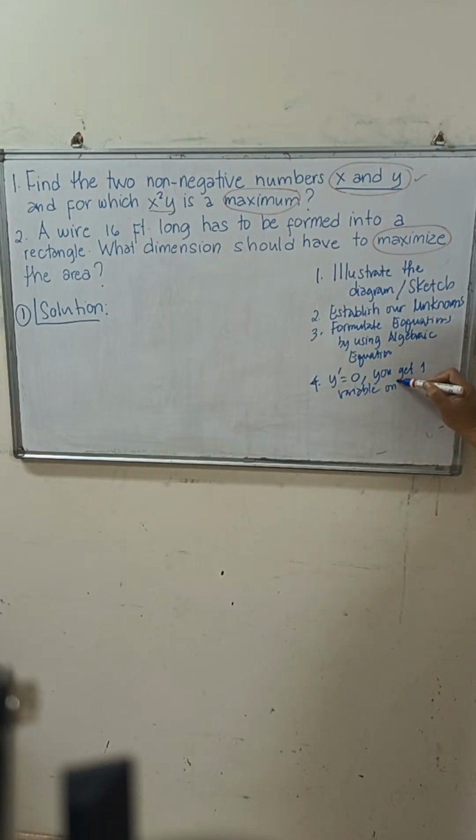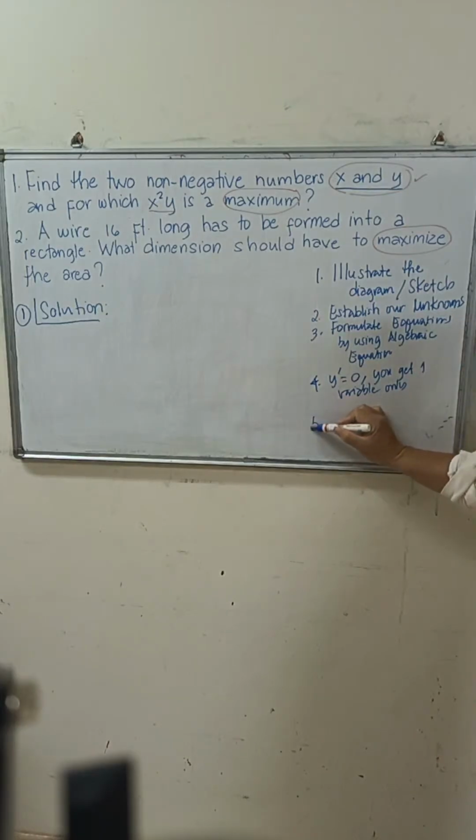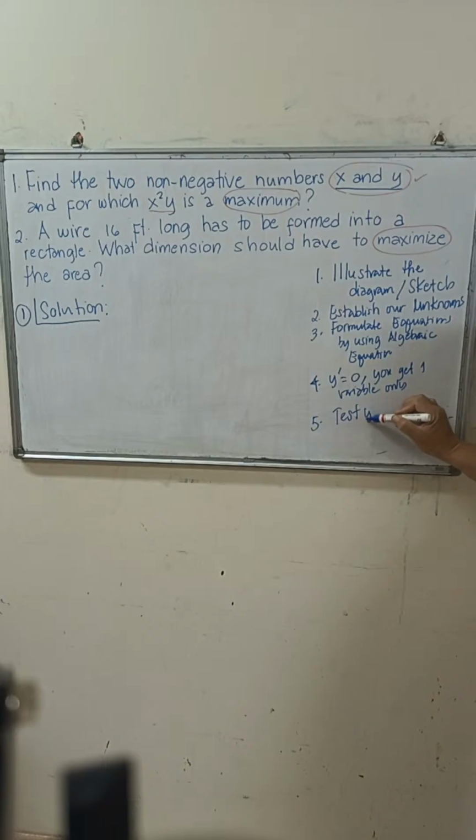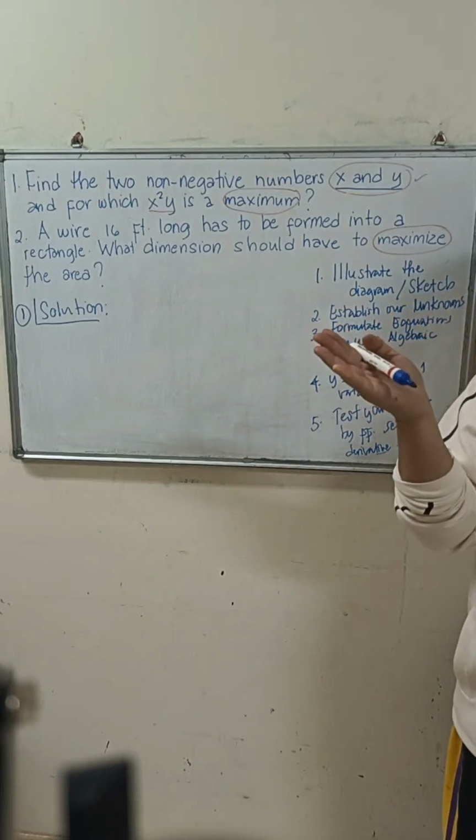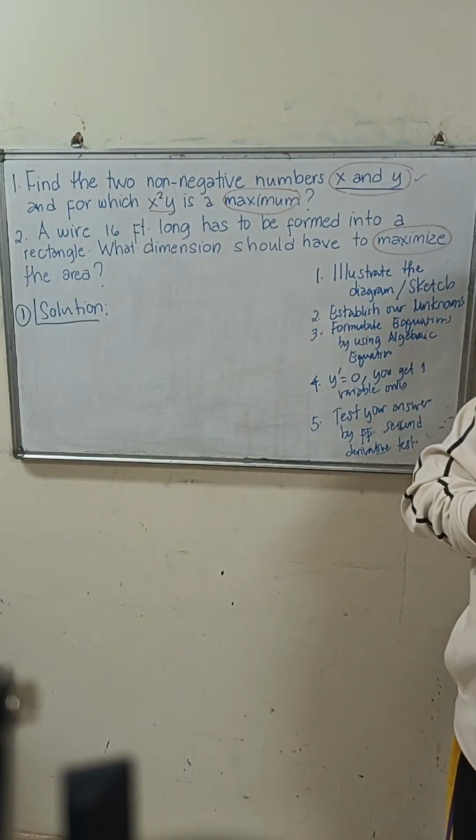Number five, you're going to test your answer by following the second derivative test. Because if you say minimum, that is undergoing the relative minimum.